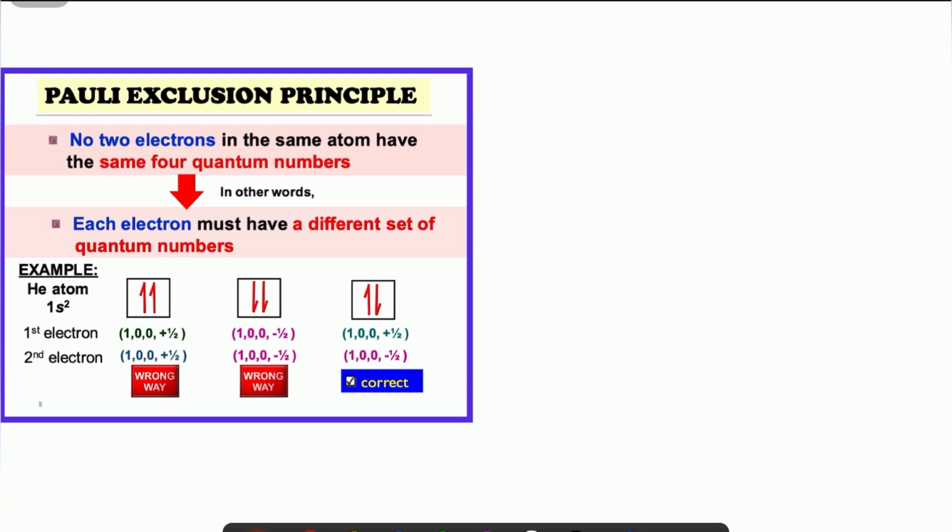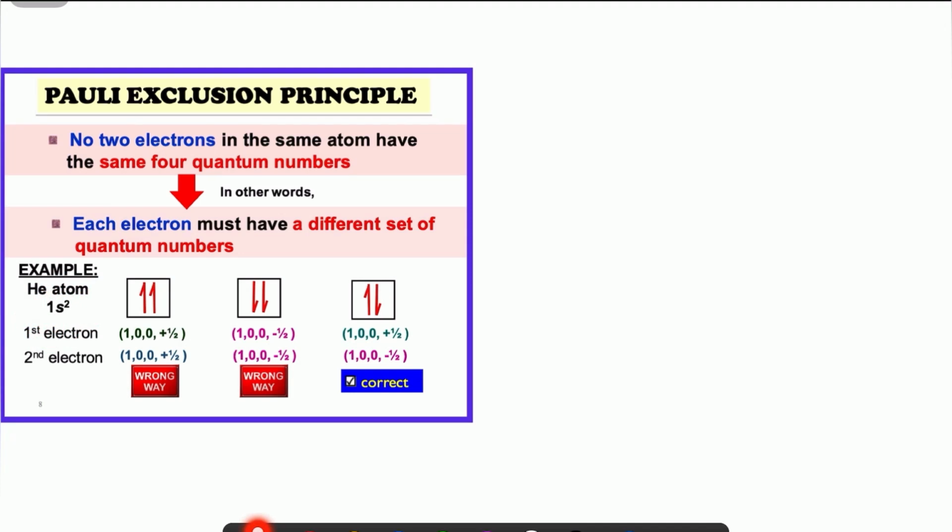Remember, 4 quantum numbers: we have the principal quantum number, angular quantum number, magnetic quantum number, and also electron spin, right? Okay, so in other words, each electron must have a different set of quantum numbers. For the example, it gives the helium atom with the 2 electrons, and in SPDF notation, it is 1s2.